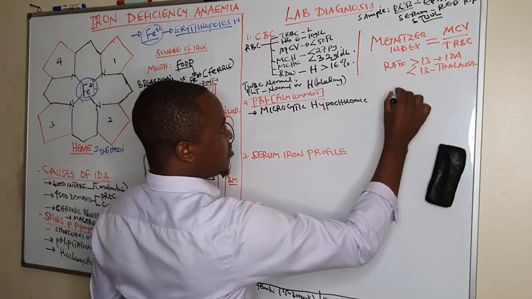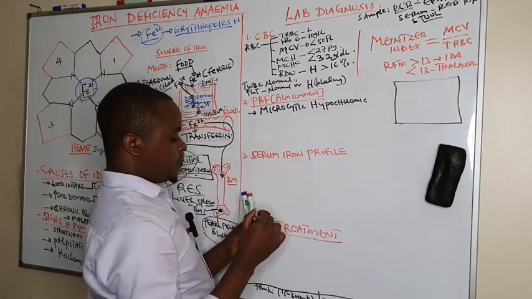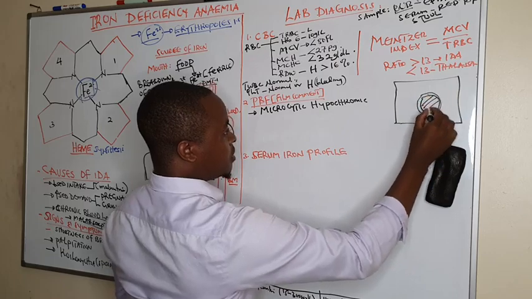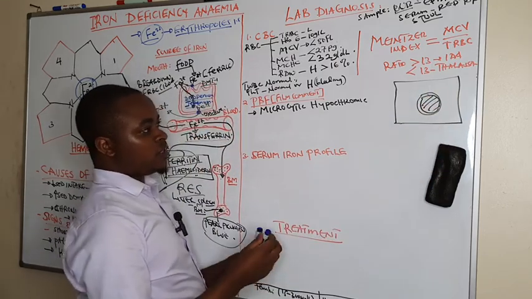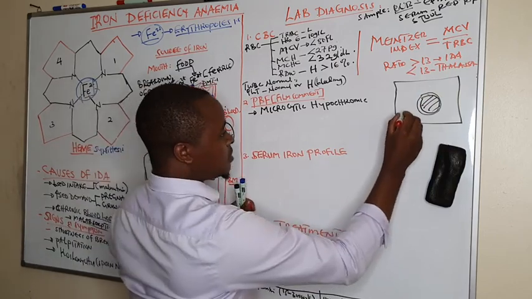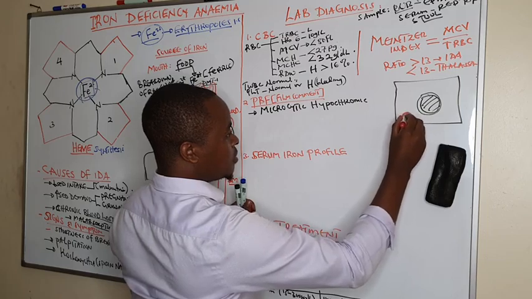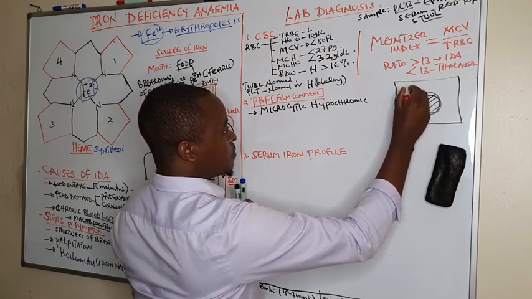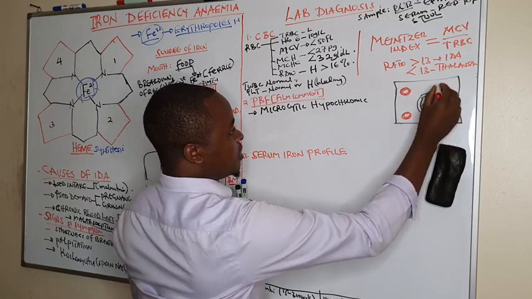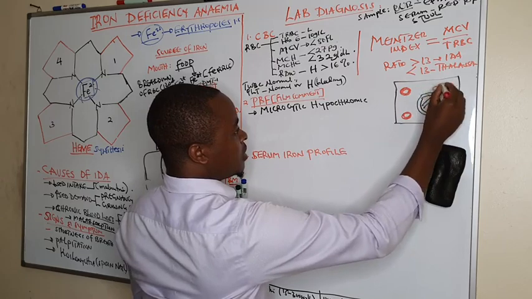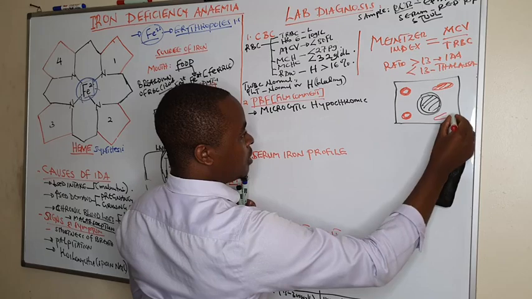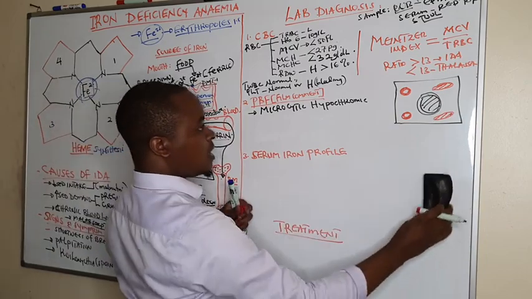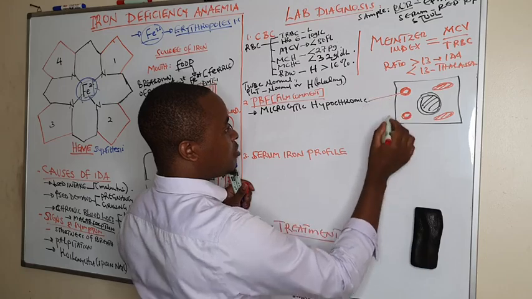If we can draw a picture of a PBF, and this is a resting lymphocyte, you're going to find that these RBCs are small in size with a big area of central pallor, and some of them we shall find elongated cells without area of central pallor, and these elongated cells are what we call pencil or cigar shaped cells. So these are microcytic hypochromic red cells.